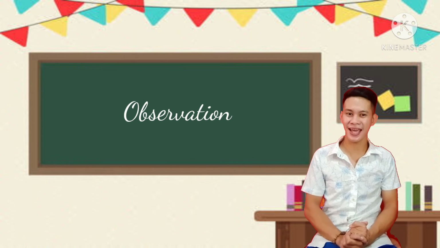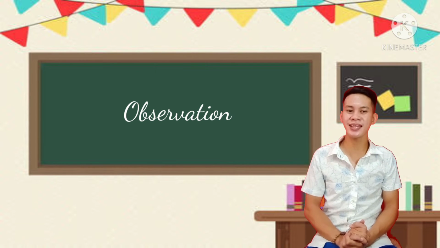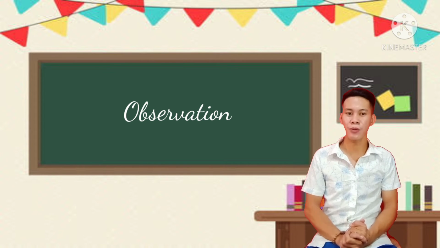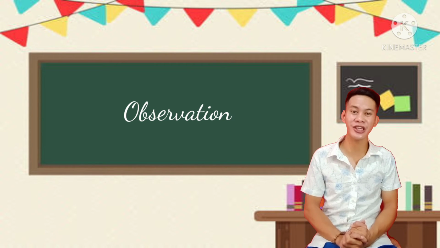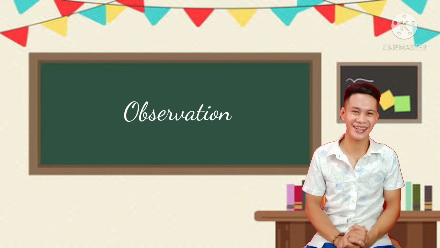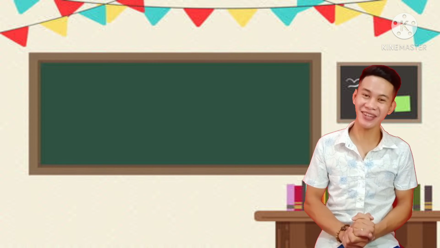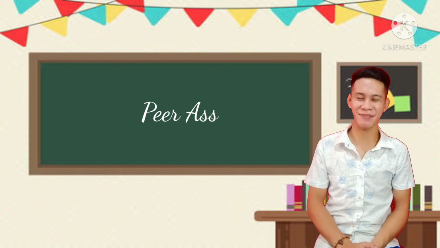For our purposes, observation means careful, thoughtful noticing of work of the classroom, both what teachers do and say, and what students do and say, and it can be done through the teaching and learning process. That is observation. Without further ado, let's define what is peer assessment.